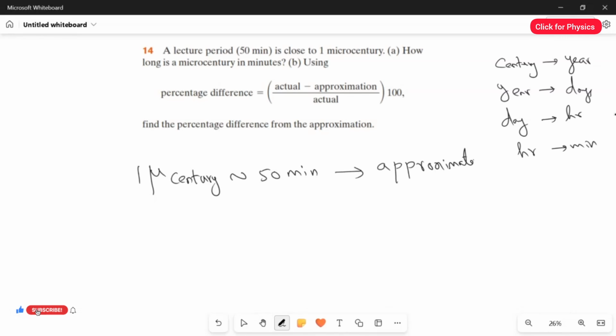So these many conversions we have to do for converting a century to minutes. So let's take 1 microcentury and find its actual value in minutes. That answer will be closer to, for sure, this 50 minutes. But this 50 minutes is the approximate answer. Now we are going to find the actual answer. Clear? Okay, let's see.